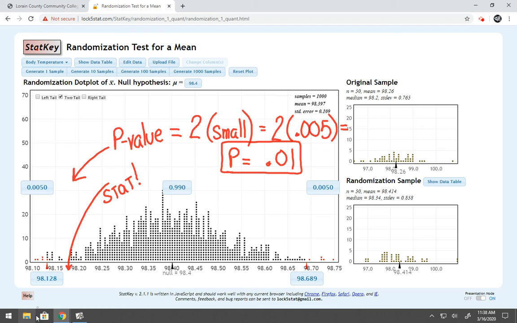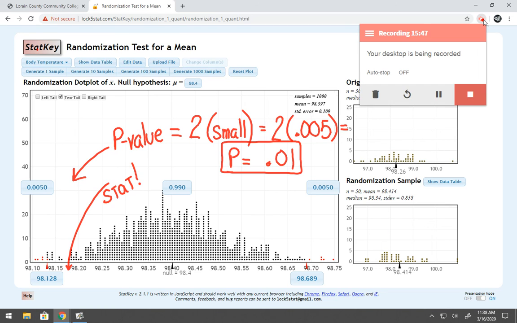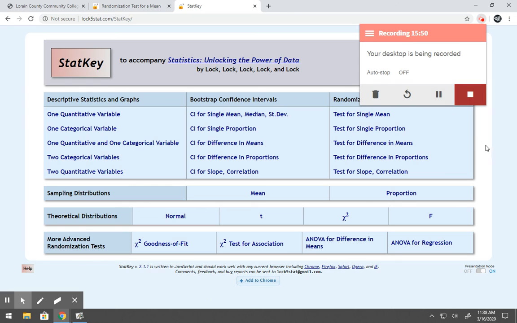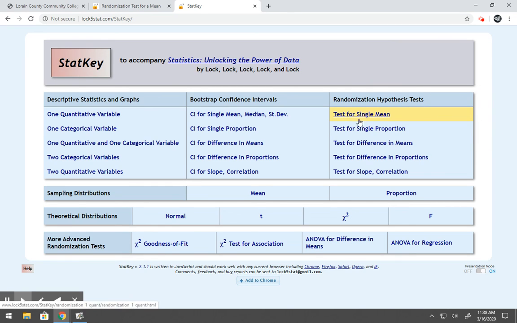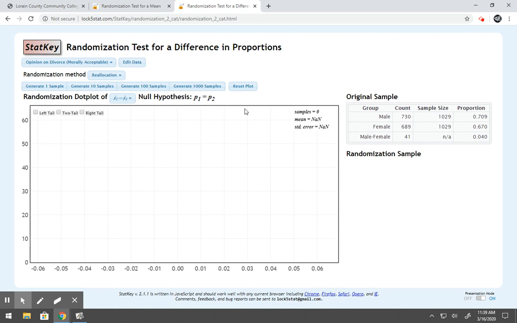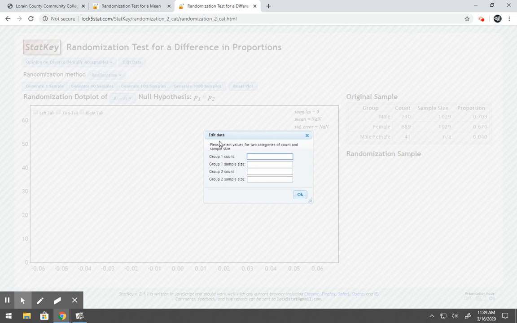I've got to first of all switch out of here. Give me 1 second real fast. So I'm going to go back over to my randomized hypotheses. I am going to go down to where it says difference in proportions, because that's what we were given. In the difference in proportion values, you have a couple of different things here, but I have edit data.